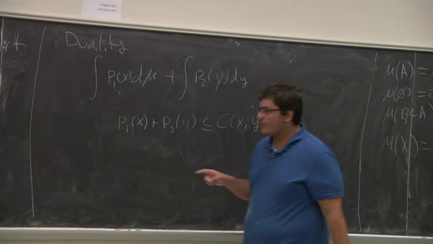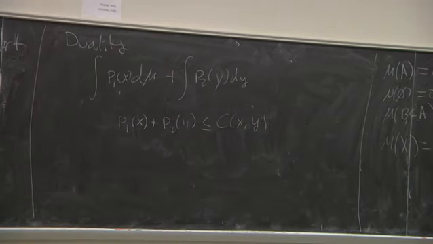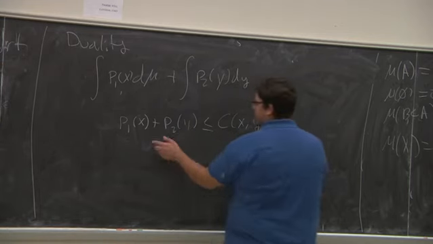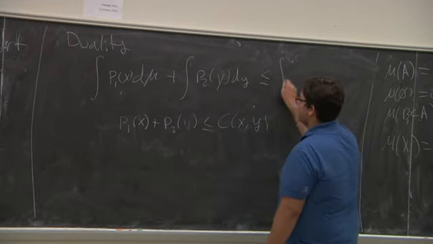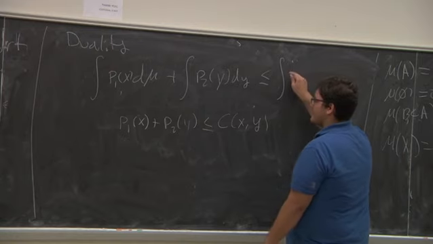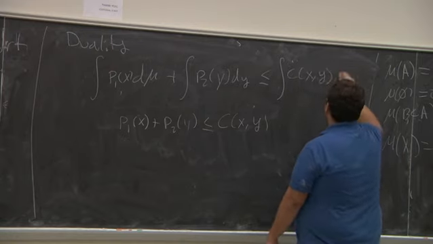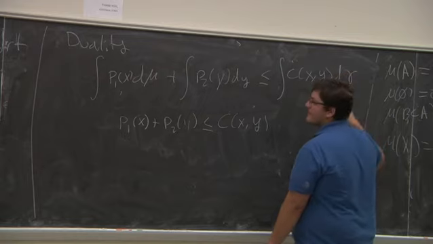Because in order to figure out an optimal price, I have to figure out how much it costs me to transport given any x or y. And so this condition implies that this is going to be less than or equal to the cost for me to do it myself, c(x, y).